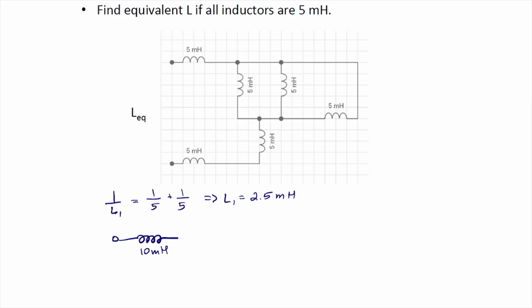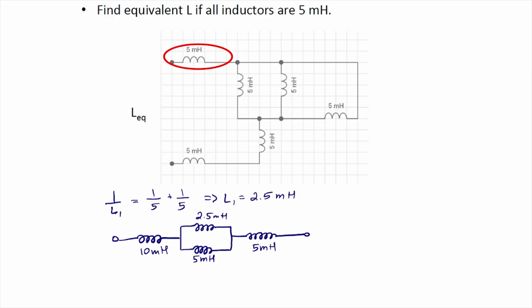So if I come from that end of the circuit, I'm going to see 10 millihenries here. Now what I have is a 5 and a 2.5. And how are they arranged? They are arranged in parallel. So I have 2.5 and I have 5. So that's capturing this network. And then what do I have over here? I have another 5 millihenries.